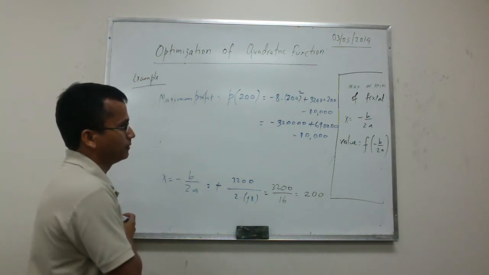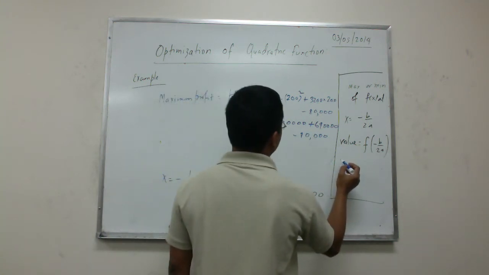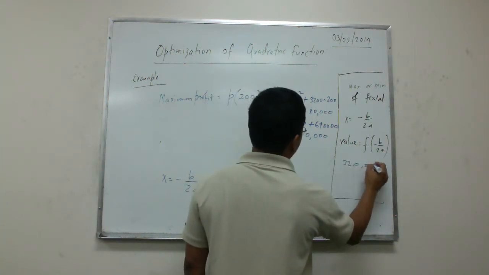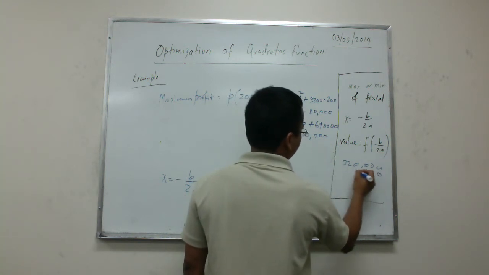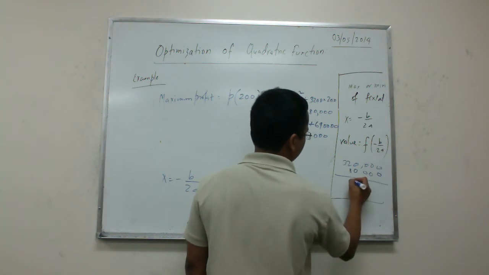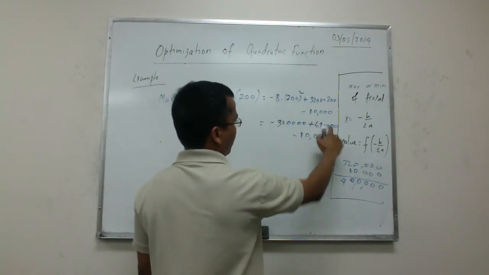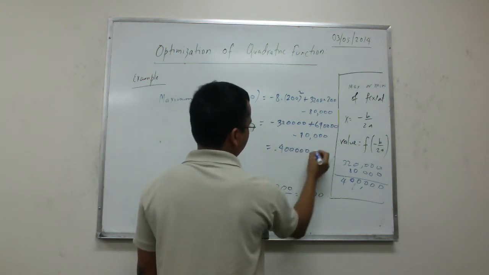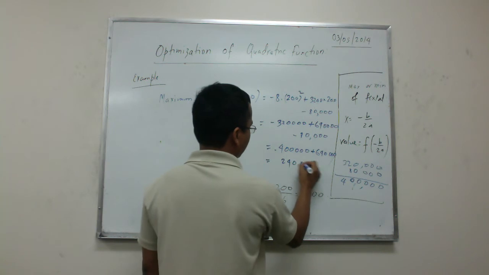So if you subtract 320,000 from 640,000 you get 320,000, and then minus 80,000, that means 240,000.